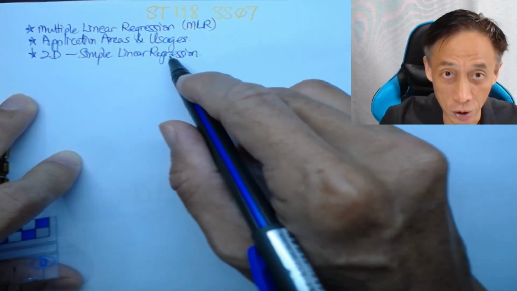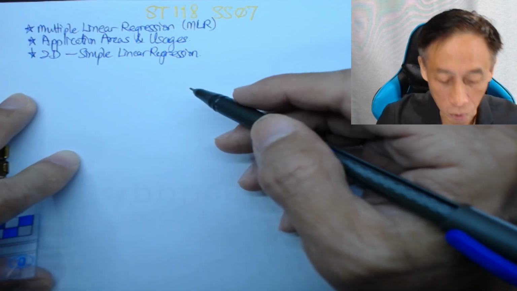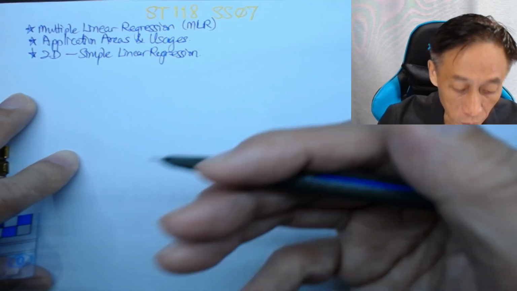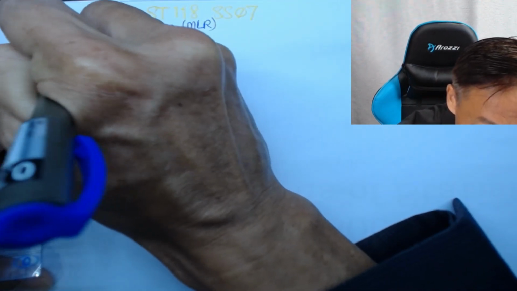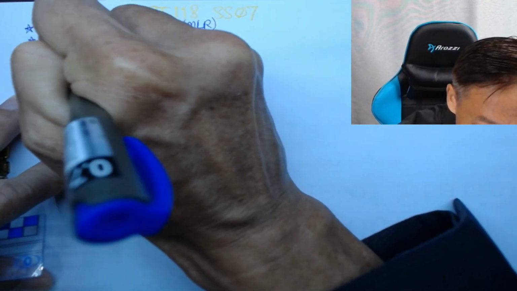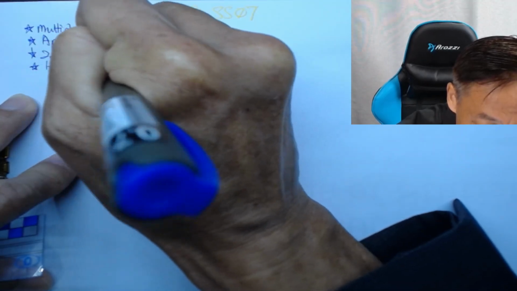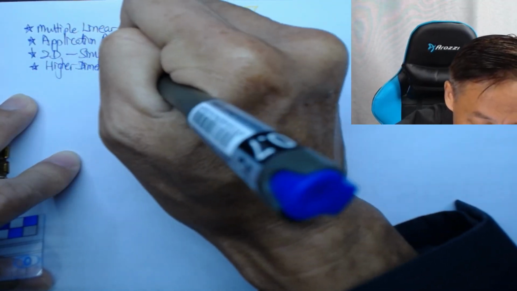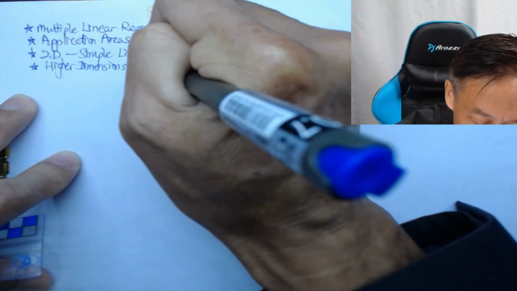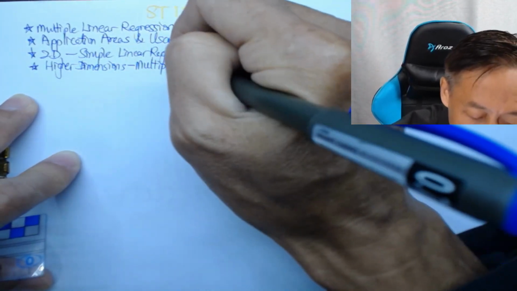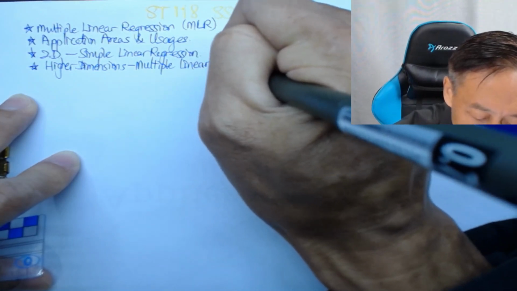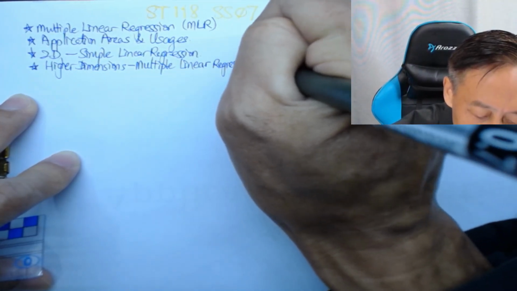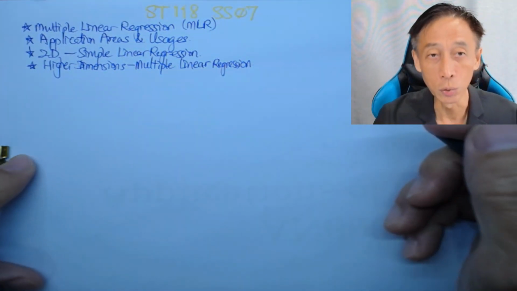In 2D first, so we understand certain calculations, certain numbers, and then we go on to the higher dimensions, which is where this word multiple comes in, right? So multiple linear regression. And we still stress the word linear. So we're still doing linear, right?